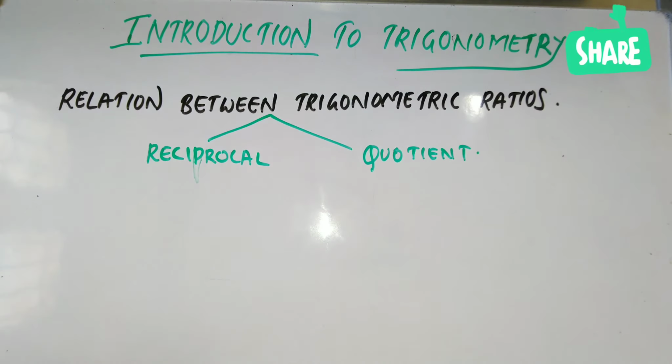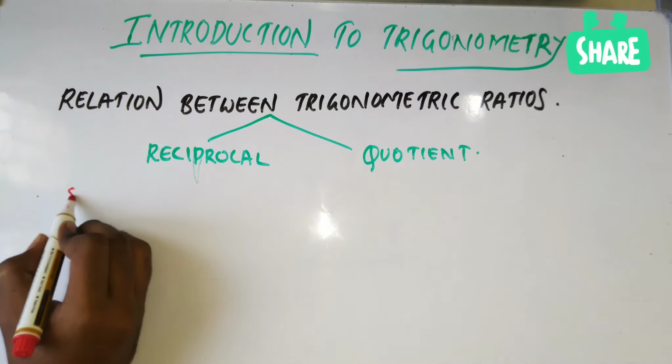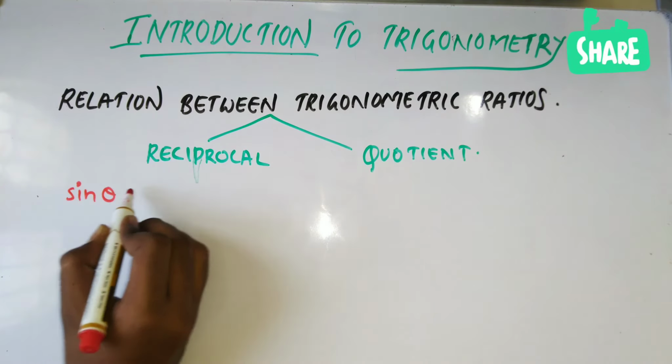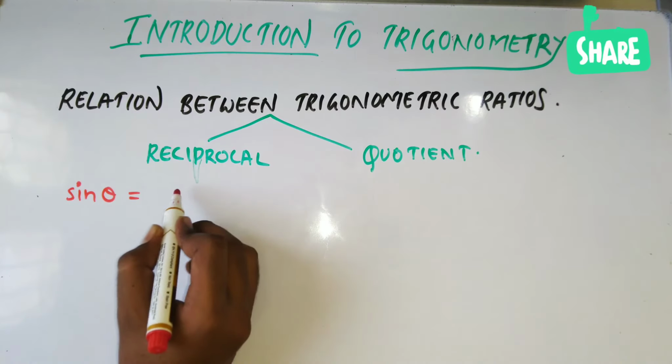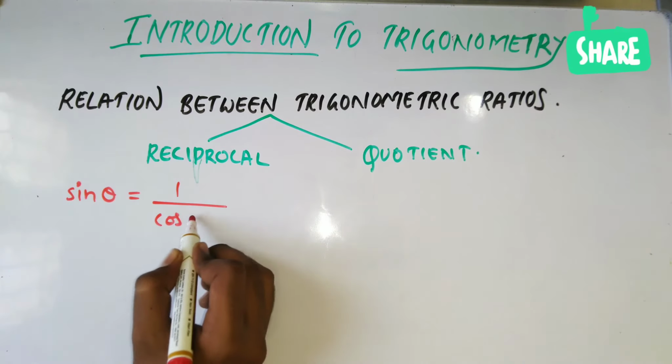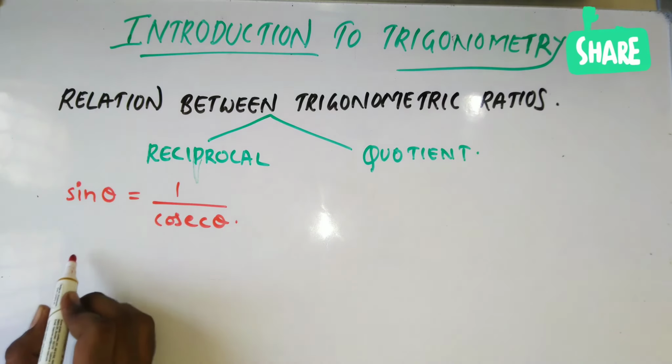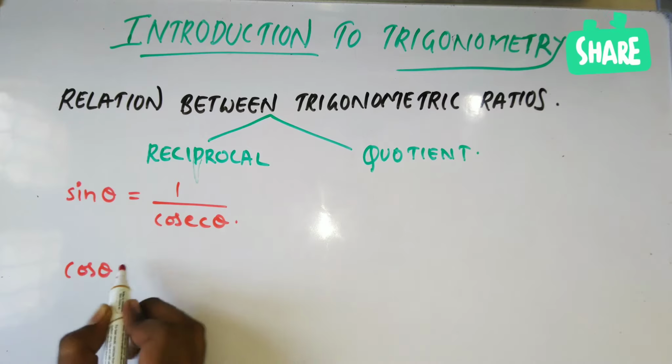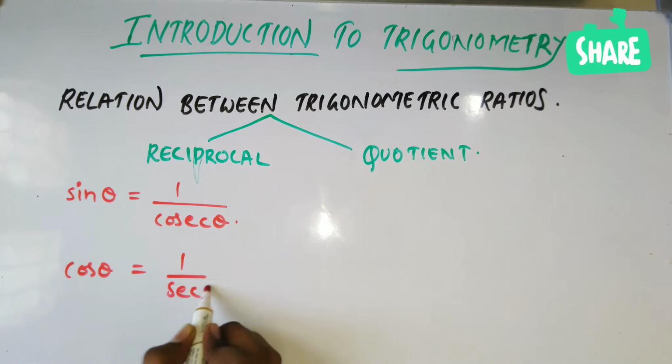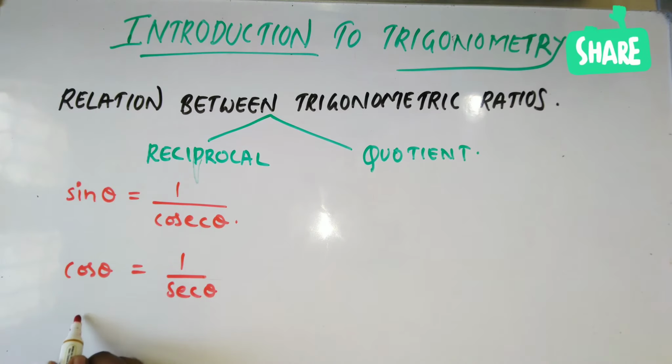In the reciprocal relation, we are going to see some important relations. As I have discussed before, sine theta is the reciprocal of cosecant theta, cos theta is the reciprocal of secant theta, and tan theta is the reciprocal of cot theta.